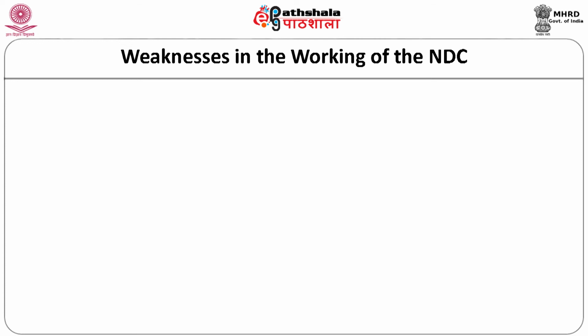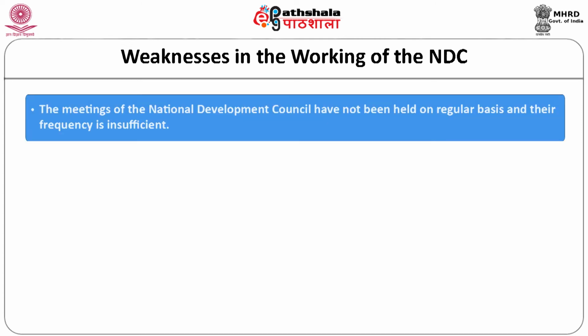Although National Development Council is an apex body for developing a national level consensus on planning and development issues, yet in actual working, several weaknesses have been noticed. These weaknesses are as follows. Number 1. Irregular meetings.